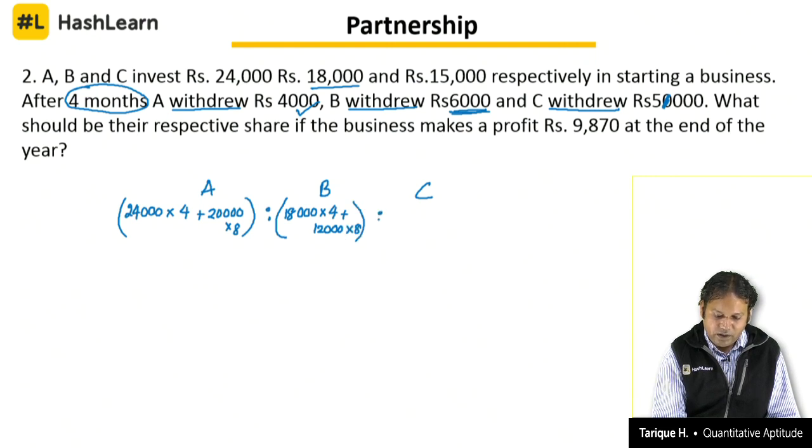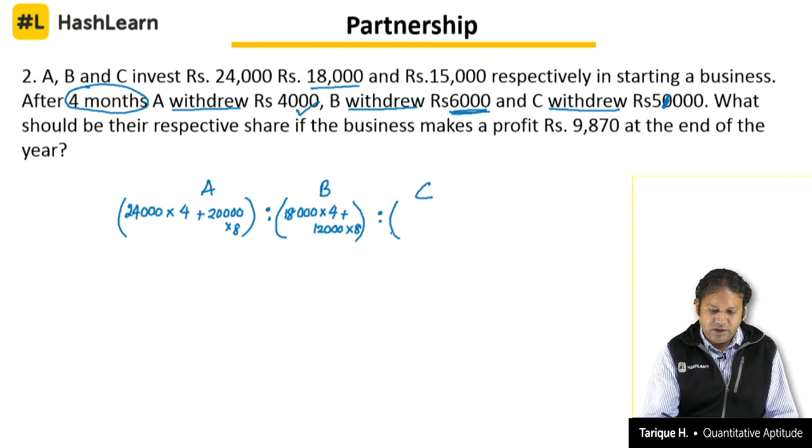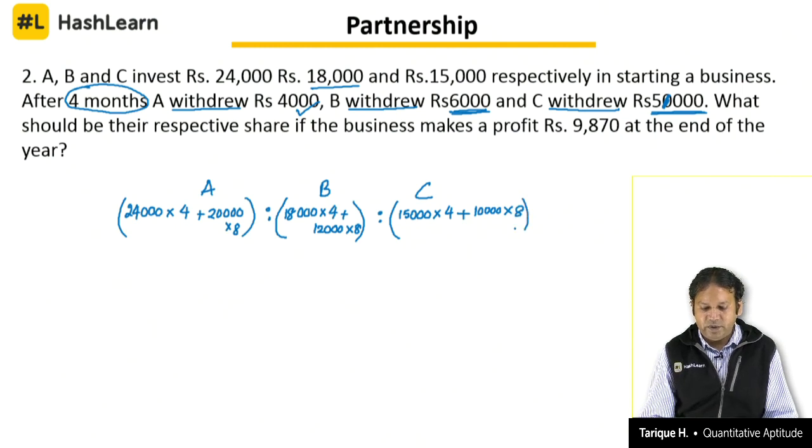All right. Now for C, invested 15,000 in the beginning, and this remained his investment for 4 months, after which he took out 5,000 rupees, not 50, just make it 5,000 rupees. So what was left with him? 10,000, and this was for 8 months, so that's again into 8.